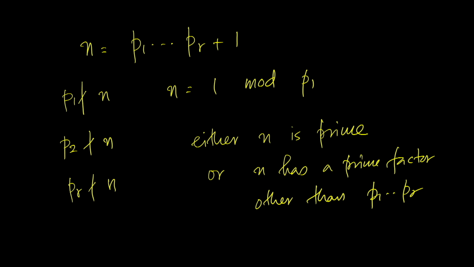So, if n has a prime factor, then it must be a prime which is larger than Pr. So, either way we are finding a prime which is larger than Pr, which is a contradiction. Therefore, there is no largest prime. We can keep on finding larger primes.